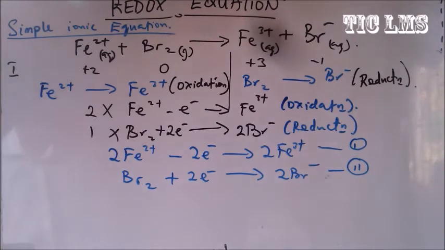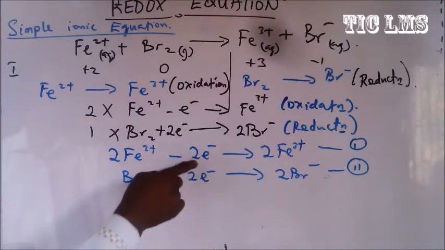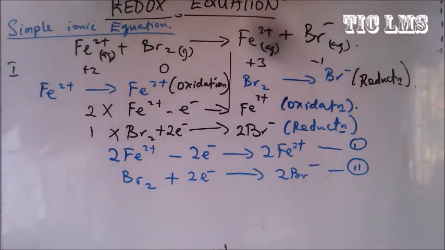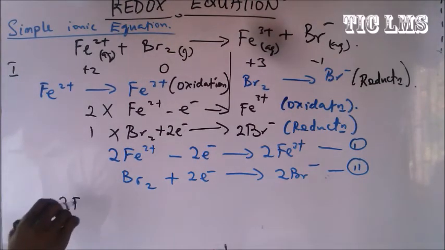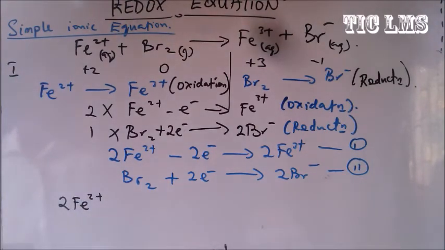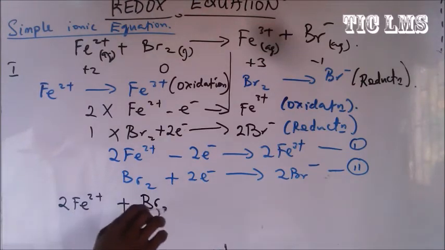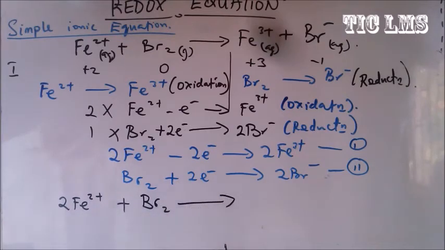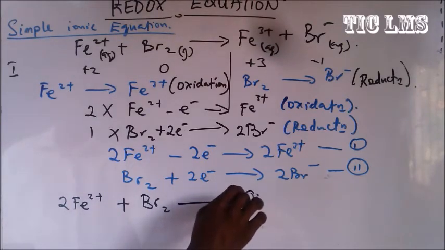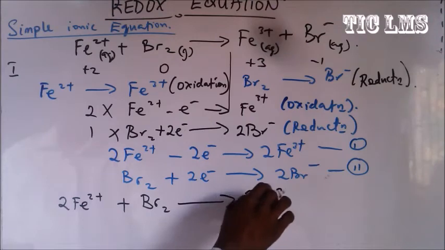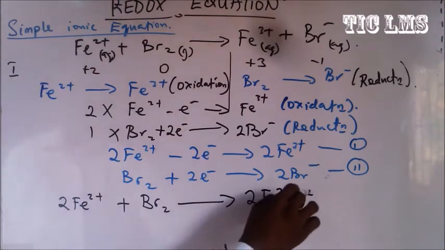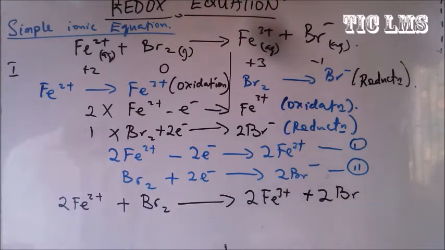And next, we will combine the 2 equations. Before we combine the 2 equations, this electron will cancel this electron because we have 2 electrons here, minus 2 plus 2, that is 0. And so we'll have 2Fe2+ plus bromine gas to produce 2 moles of Fe3+ plus 2 moles of bromine anion.